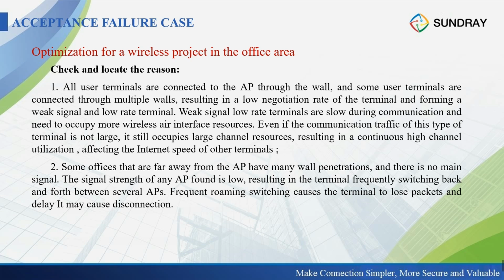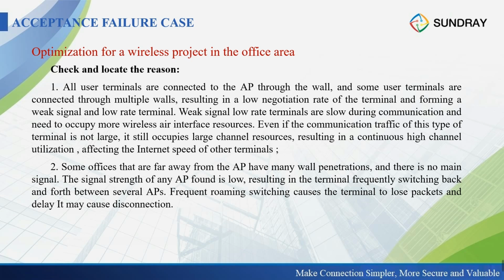The terminals inside the office get a weak signal, and of course it will cause a lower negotiation speed. The devices with the lower negotiation speed will occupy the channel resource. That results in almost all the terminals not having a good Wi-Fi speed.